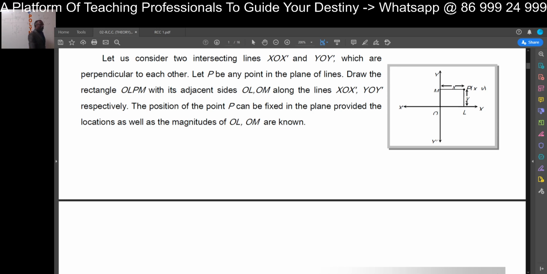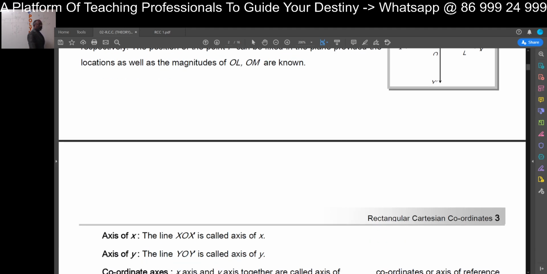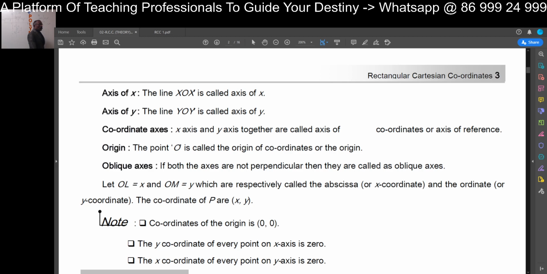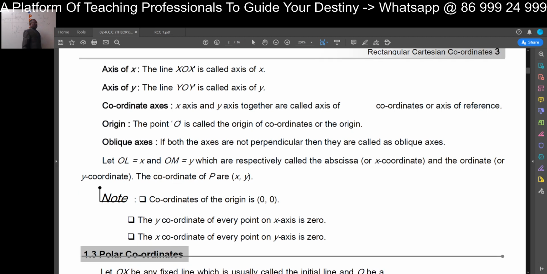So now we will have this is what I explained you. Now let us understand this. And axis of x, axis of y. On x-axis, it is very simple.